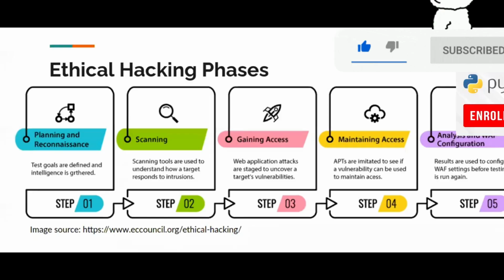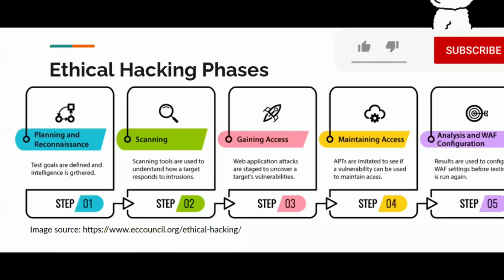If environments are so complex and we take more time in gaining access to a system or maintaining our access, then there are high chances of getting detected, usually by the blue teamers, the team which tries to defend the systems, and the end objective might not get achieved.